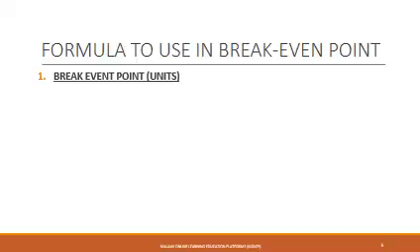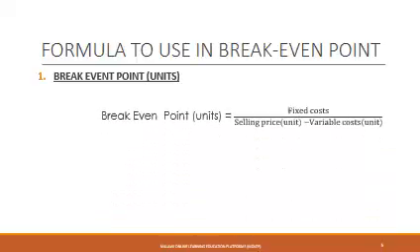You can calculate the amount that needs to be produced in order for you not to make losses or profits. This can be calculated as: break-even point in terms of units is equal to total fixed costs, the total fixed costs which we were discussing, divided by the selling price.